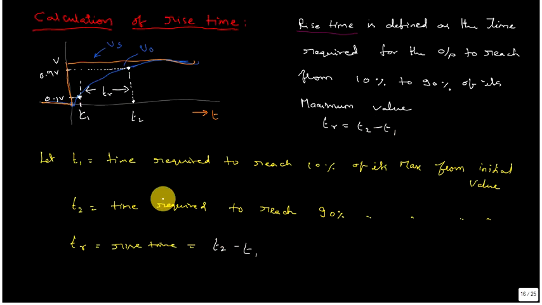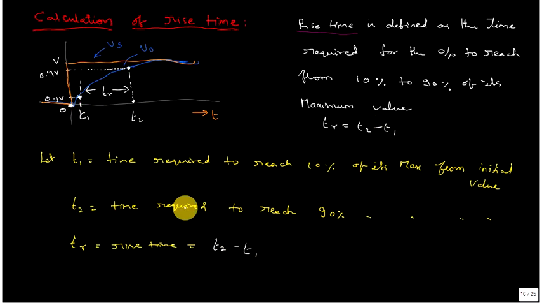Here T1 is the time required to reach 10% of its maximum value from the initial value, and initial value means 0. So T1 is the time required for the output to reach 0.1 V from the initial value.